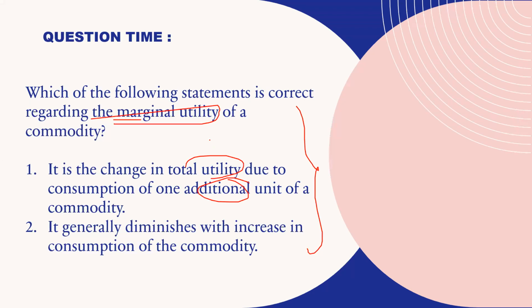Can you give me some examples? When you take certain things, like mangoes, or you're eating some pizza. One mango, two mangoes is fine. But if you are having 10 mangoes, what is going to happen to the marginal utility?